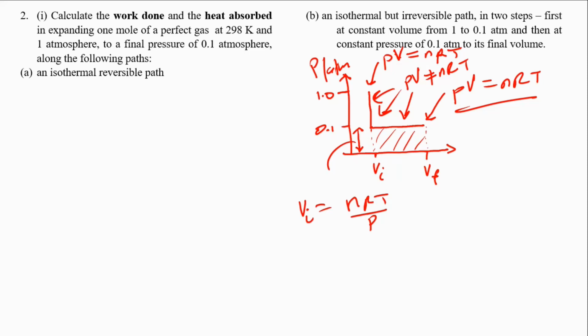So Boyle's law works here very well. If we want to calculate the smaller volume, then we must use the larger pressure value. Pressure and volume are inversely related. So it's 1 mole times 8.314 joules per Kelvin per mole times the temperature, which is 298 Kelvin.